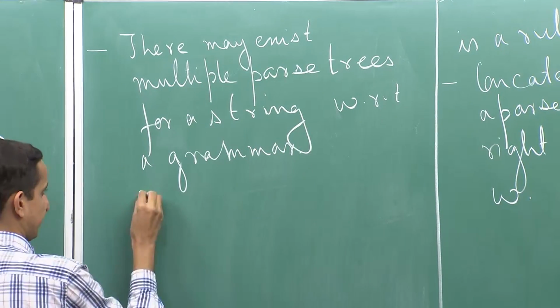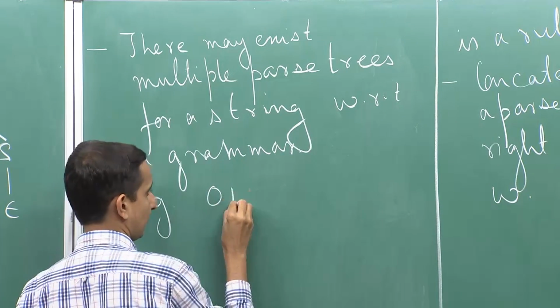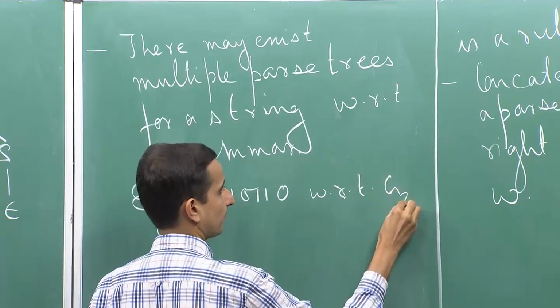Okay. An example is 0, 1, 0, 1, 1, 0 with respect to the grammar G2.